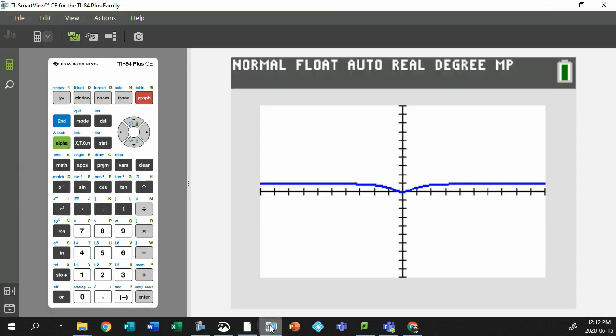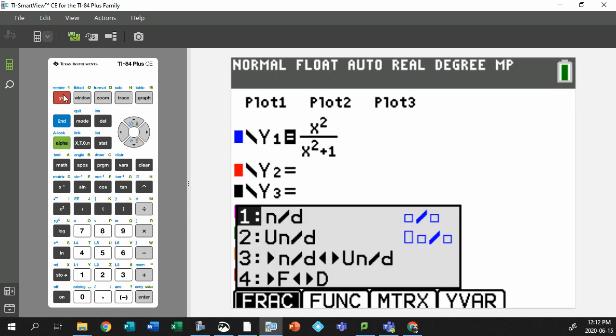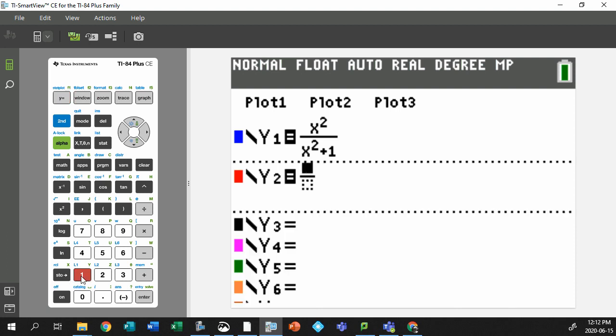Okay, here we go. Let's go to our calculator. Let's erase this line so we get a nice clean graph. Here we go. Y equals. Boom. Let's put in alpha F1, numerator over denominator. Oh, what a delightful way of doing things. Minus x squared over x squared plus 1.